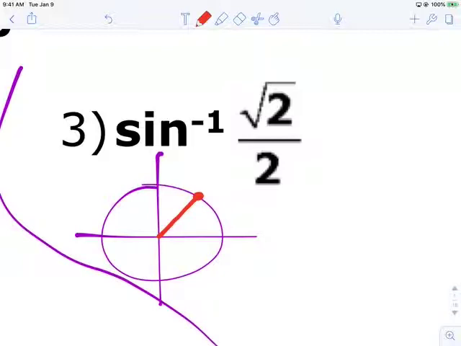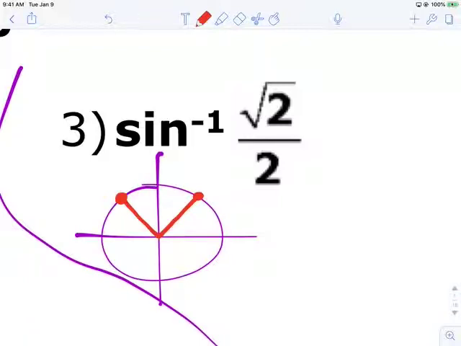Right here, and does it happen right here? Nope, that one's wrong. Does it happen right here? Nope. Happens right there, right? Well, what are those values? Those are in terms of fourths. This is pi over 4, 2 pi over 4, 3 pi over 4. Pi over 4 and 3 pi over 4, correct?